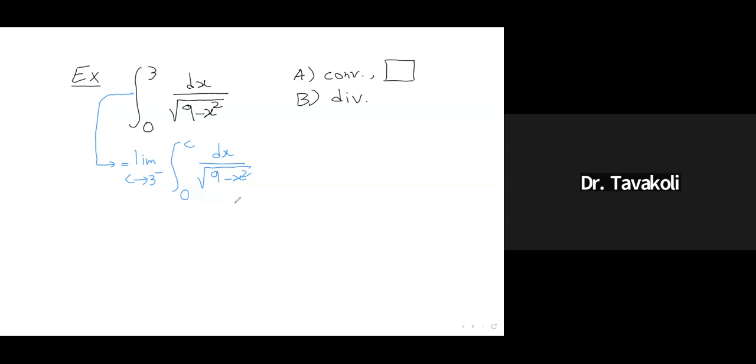The integral of 1 over radical 9 minus x squared is going to be sine inverse, or arc sine, of x over 3. And it should be evaluated at these values. And then we apply the limit.